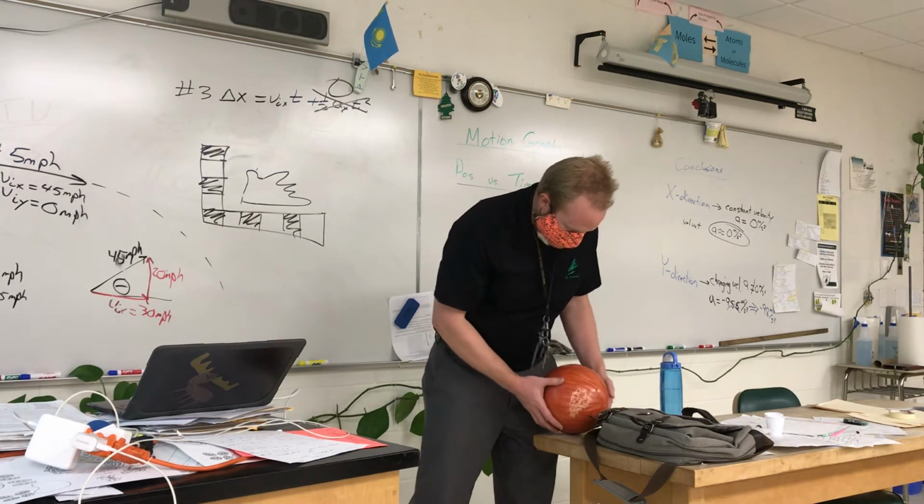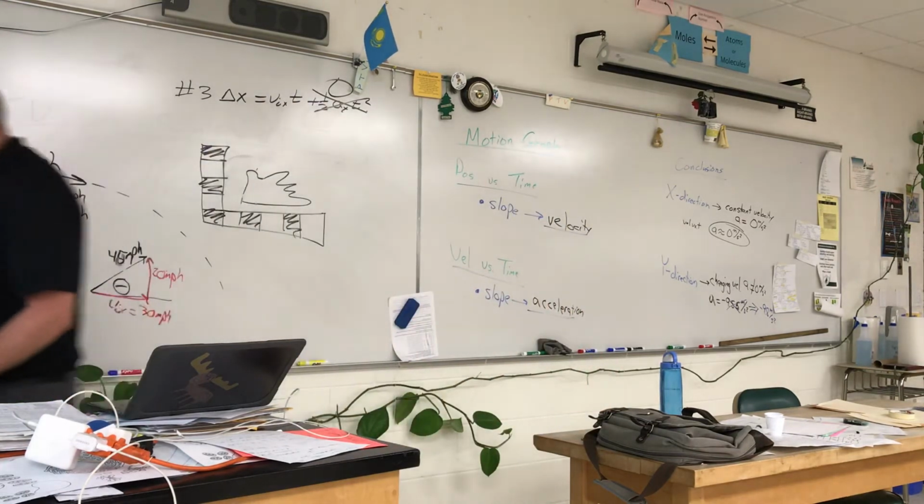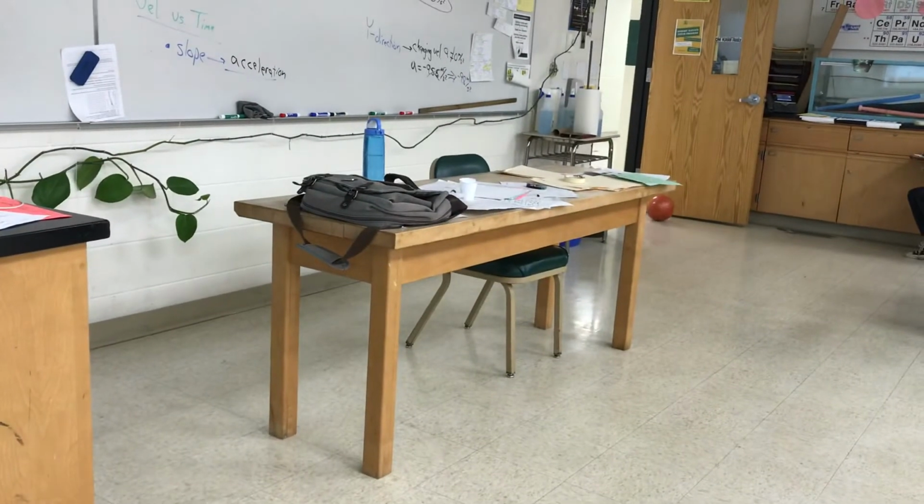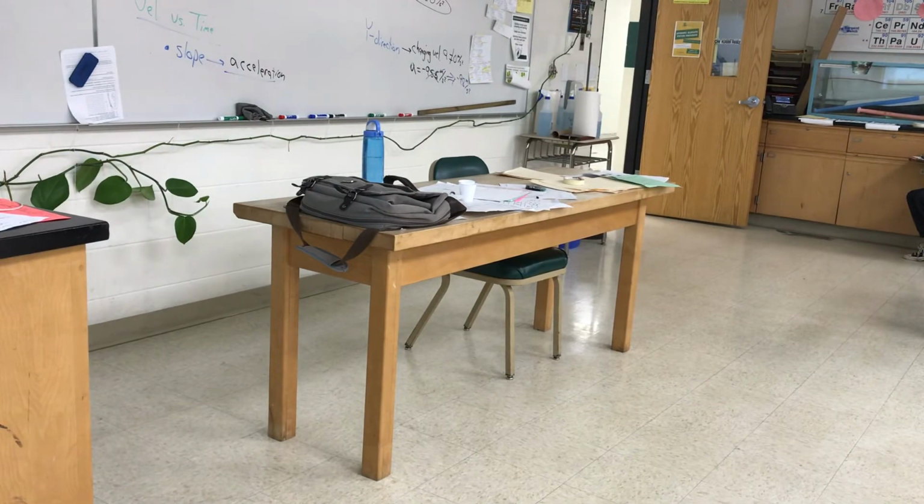if we were to take a stopwatch and time this, you got the x, you got the y. Perfect. Look at that, 2D motion. All right, stop. How long did it take to go in the x direction? 4 seconds.